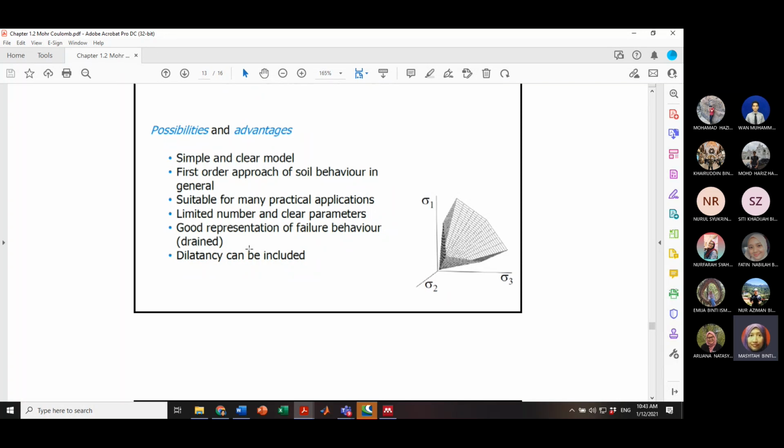So you just substitute the shear stress at failure and then the normal stress, and you can get, for example, C and phi. Other way round, you put in the value of C and phi, and you can know the maximum shear stress, for example. That's why it's easy and suitable for many practical applications.